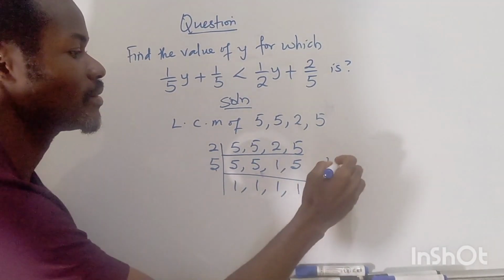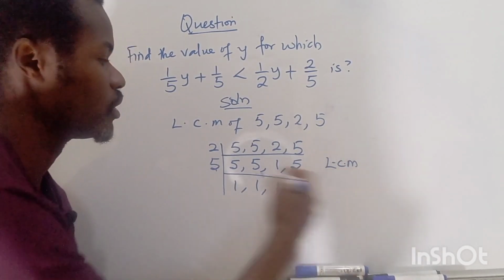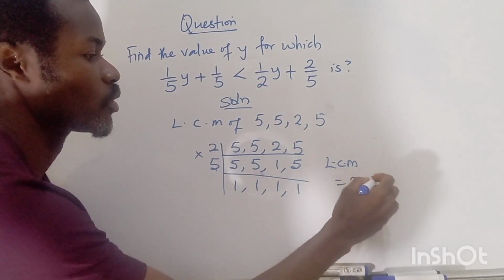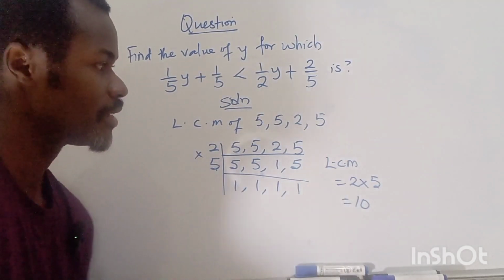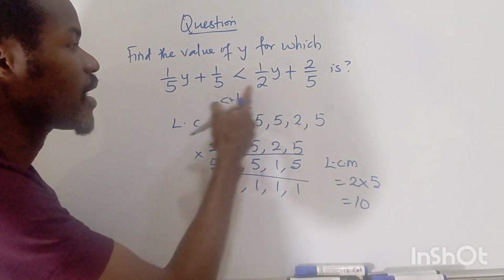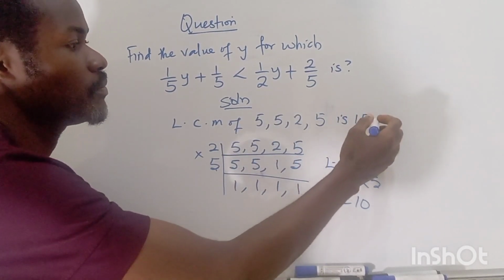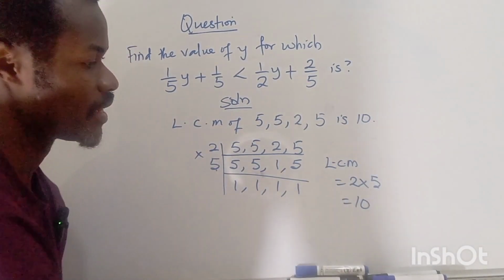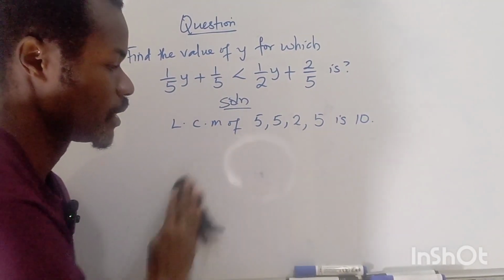So our LCM, the lowest common multiple, is the product of 2 times 5, which is 10. So the LCM of 5, 5, 2, 5 is 10.